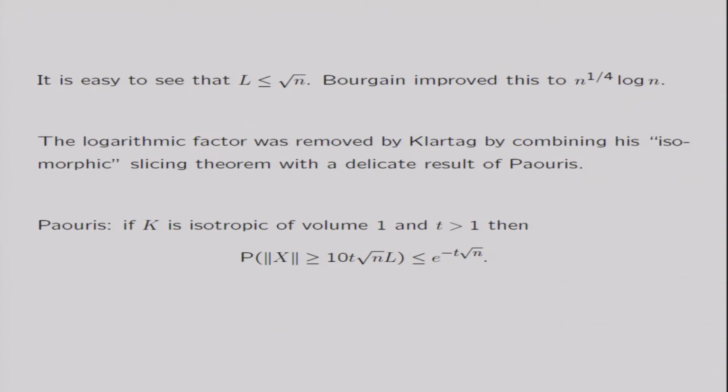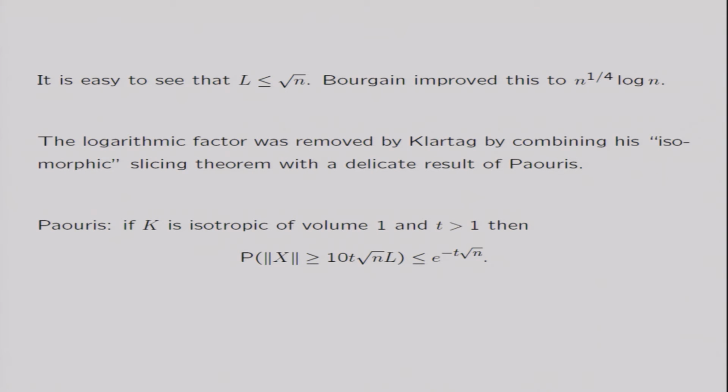Now, Bourgain himself improved this root n to n to the 1/4 with some logarithmic terms, and I think eventually it got down to 1 logarithmic factor, and that logarithmic factor was then removed quite a lot later by Klartag, who combined his isomorphic slicing theorem.